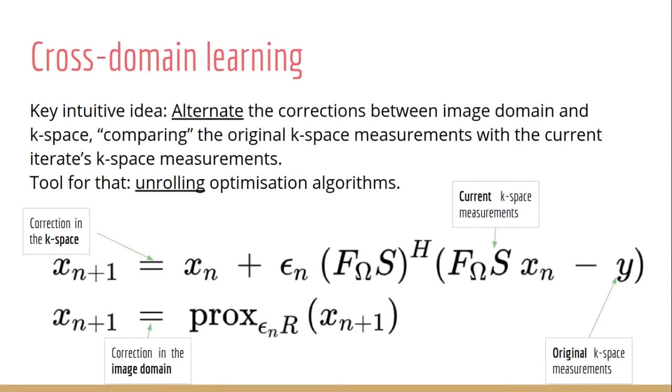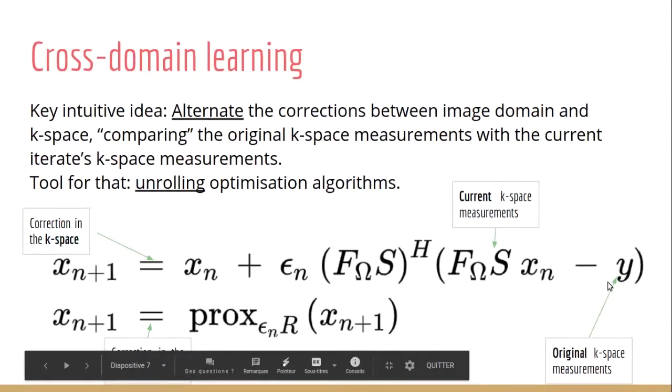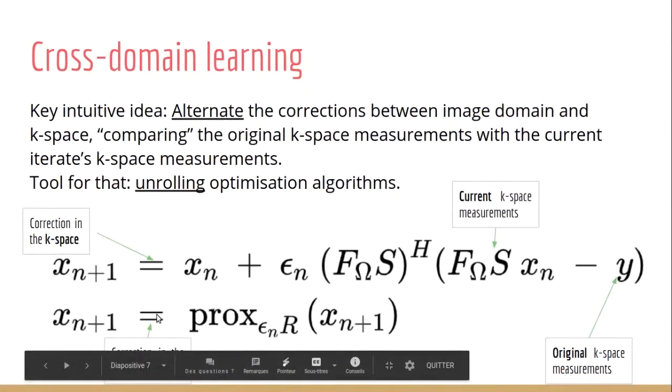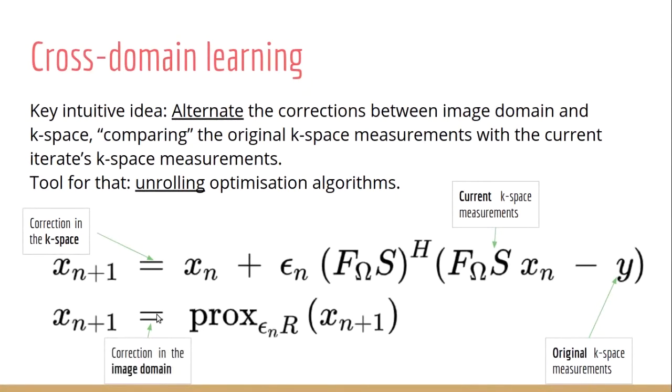In this case, you can see that it operates as a correction in the measurement space, in the K space, because here the correction is happening on the residual. Then you have a correction more in the image domain, where you have the proximity operator of the prior term applied to your current solution.